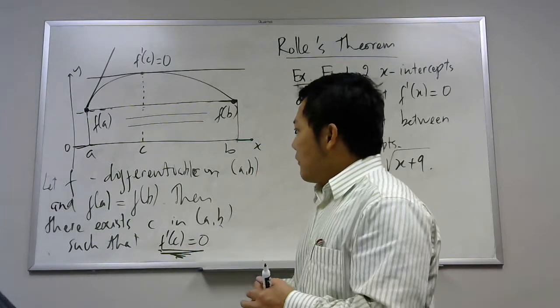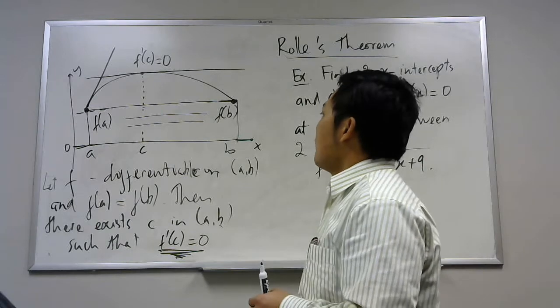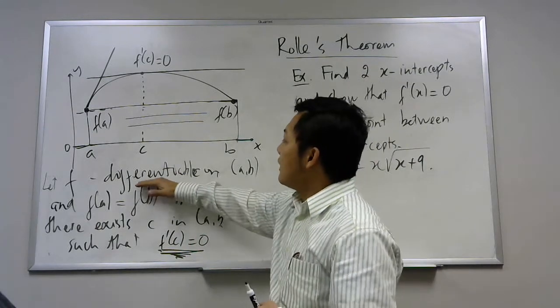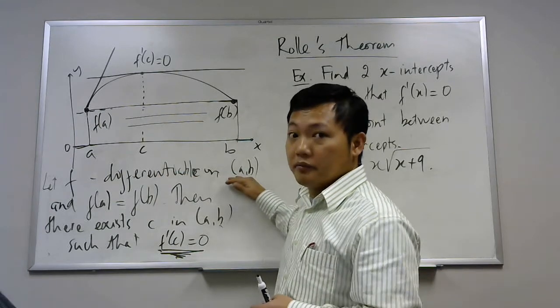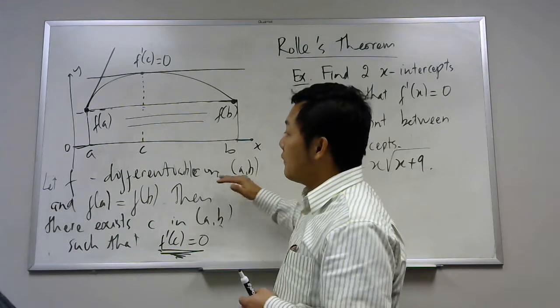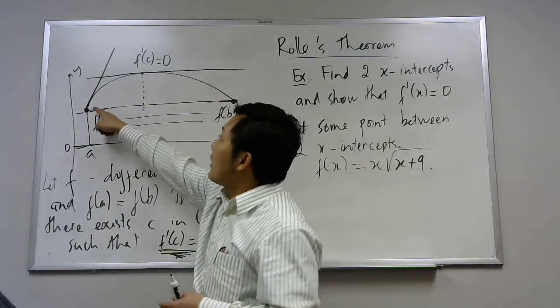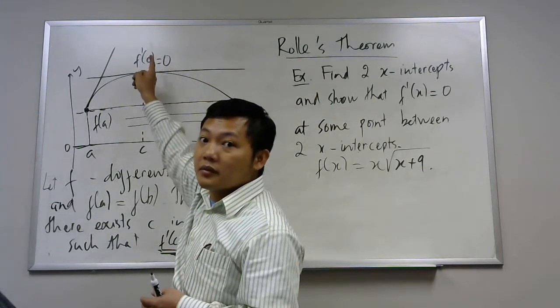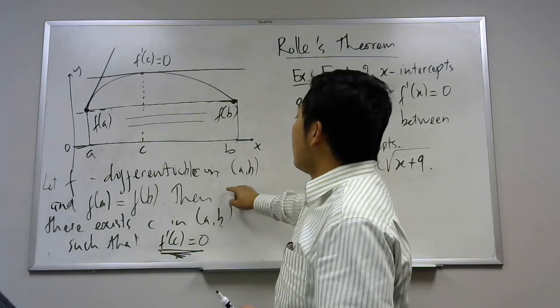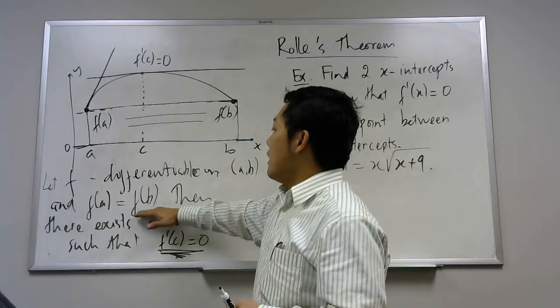All right, let me analyze this theorem in different ways. What does it mean that f is differentiable on this interval? That means at any point on this interval, the graph of the function has a tangent line. Secondly, f of a equals f of b.